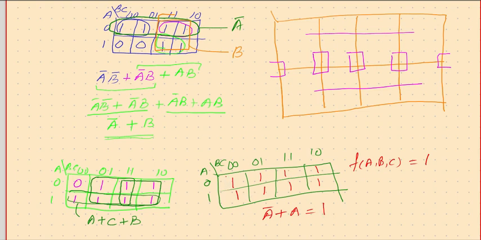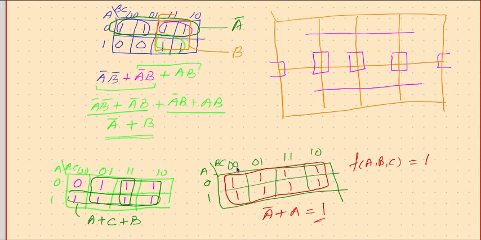Instead of that, why not take all 8 cells together, because all 8 cells have 1 and they are neighbors, so I can combine all 8 cells and then see what all are varying. A is varying, so I don't write. B is varying, I don't write. C is varying, I don't write. So neither A nor B nor C is varying, then what is it? It should be 1 all the time. That's what we are trying to say.